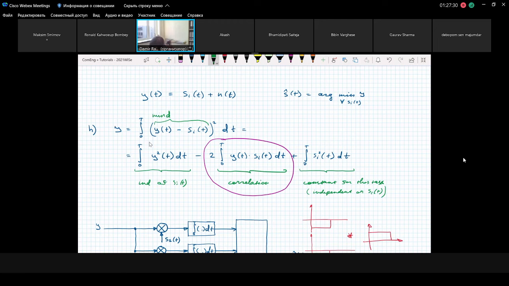And what it means, so we still have this big expression below, and we try to find the minimum of this expression. But if you have the minimum of the expression, let's say J, it corresponds to the maximum of q, where we can write J equals a constant minus q.